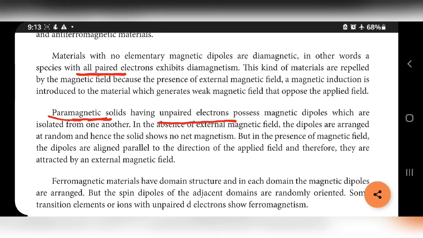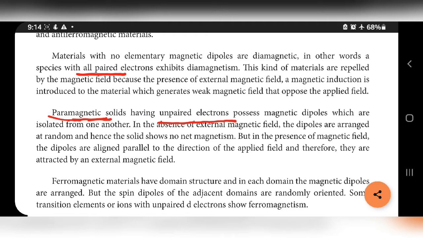Unpaired electrons possess magnetic dipoles which are isolated from one another. In the absence of an external magnetic field, the dipoles are arranged at random and hence the solid shows no net magnetism. But in the presence of a magnetic field, the dipoles are aligned parallel to the direction of the applied field and therefore they are attracted by the external magnetic field.